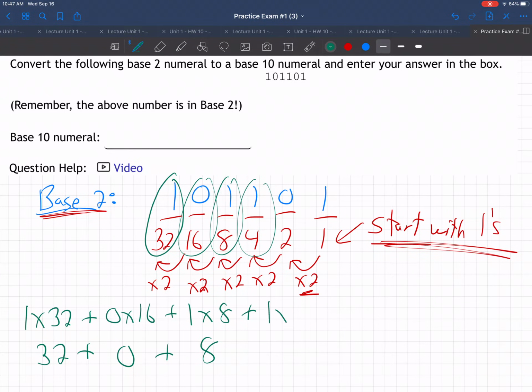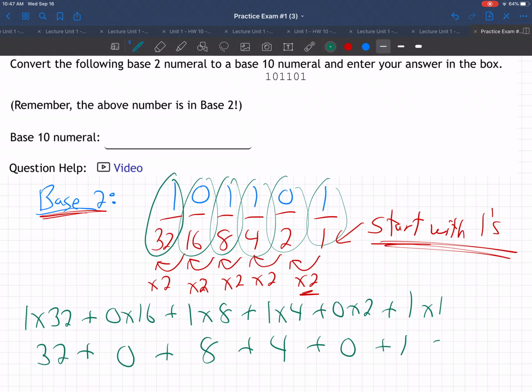And 1 times 4 is just 4. And 0 times 2 is 0. And 1 times 1 is 1. Add those up. 32 and 8 is 40, plus 4 and 1... 45. So this is the number 45.